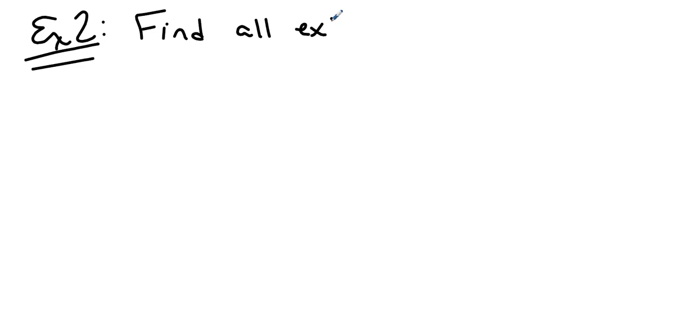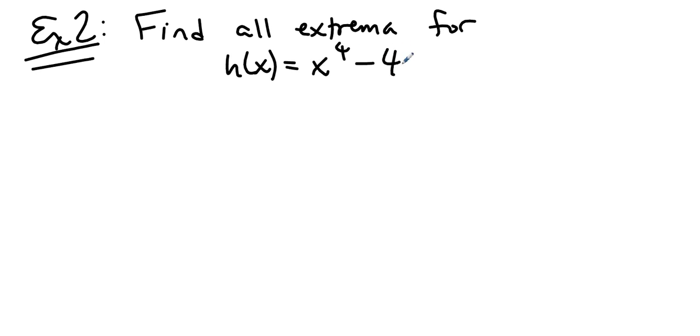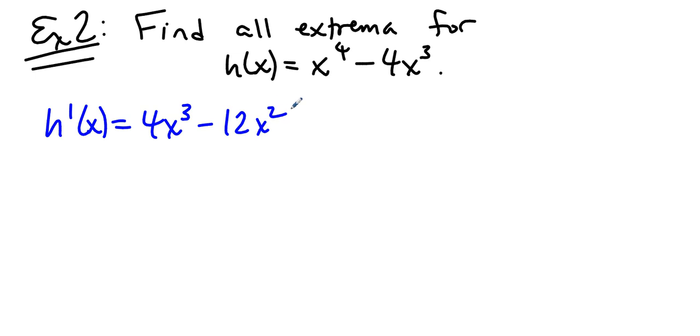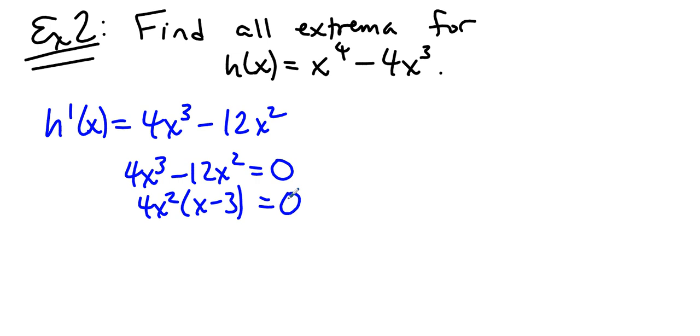Find all extrema for h of x equals x to the fourth minus 4x cubed. So we look for the places where the first derivative is 0. First derivative is 0 when, well, it appears that x equals 0 is one of the points and x equals 3 is the other.